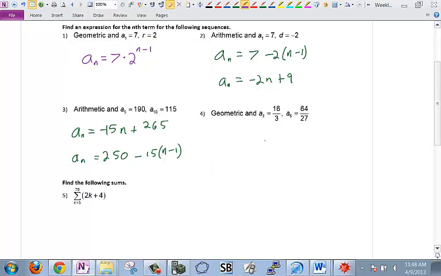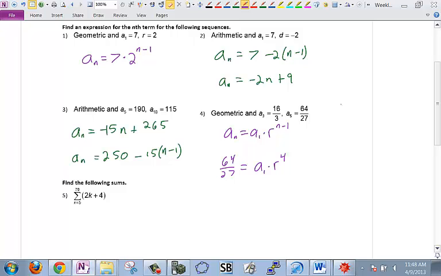So if we divide these, you get 64 divided by 16 is 4. 27 divided by 3 is 9. And that is going to be r squared. A sub n is a1 times r to the n minus 1. So 64 27ths is a1 times r to the 4th, right?